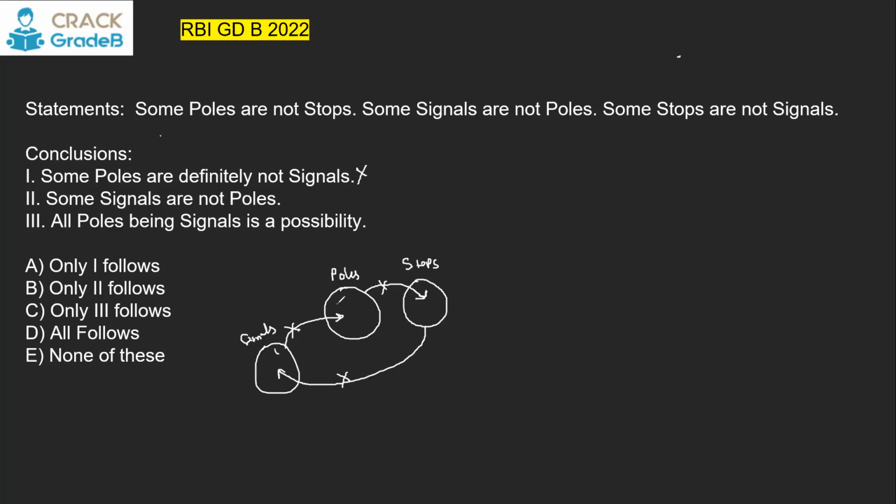The entire signal cannot go inside the poles, but entire poles can go inside the signals. Some signals are not poles. Yeah, that is true. Some signals are not poles, already given. All poles being signal is a possibility.